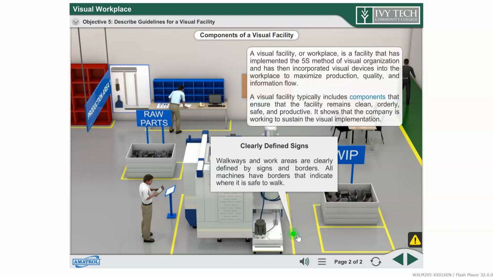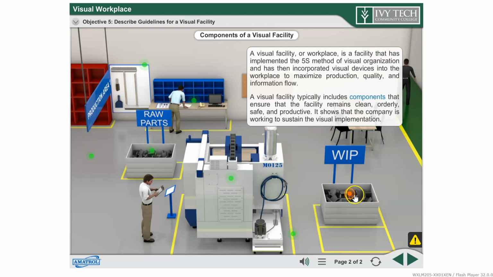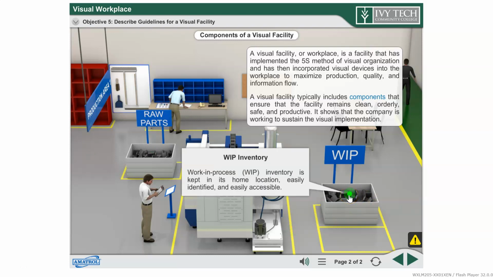Clearly defined signs. Walkways and work areas are clearly defined by signs and borders. All machines have borders that indicate where it is safe to walk. Work in process inventory. Work in process or WIP inventory is kept in its home location, easily identified and easily accessible.